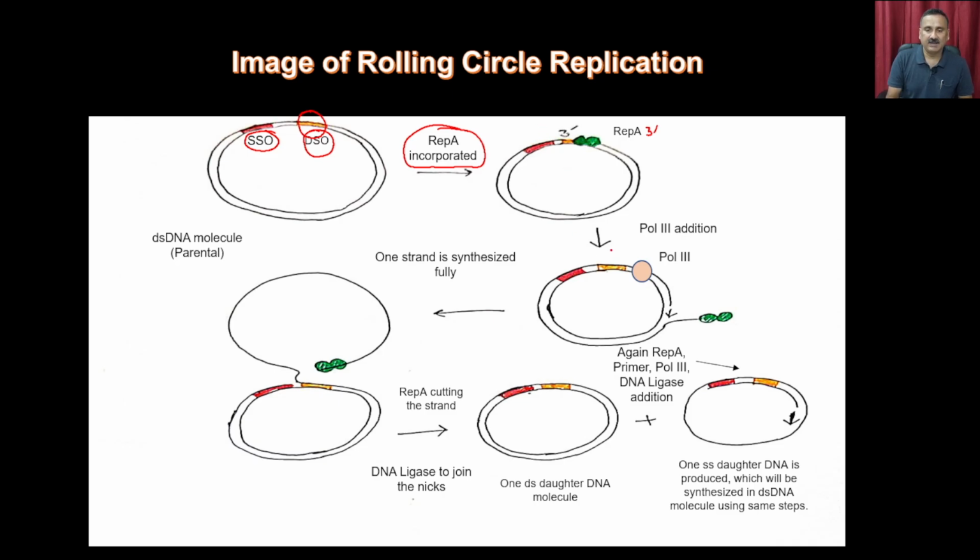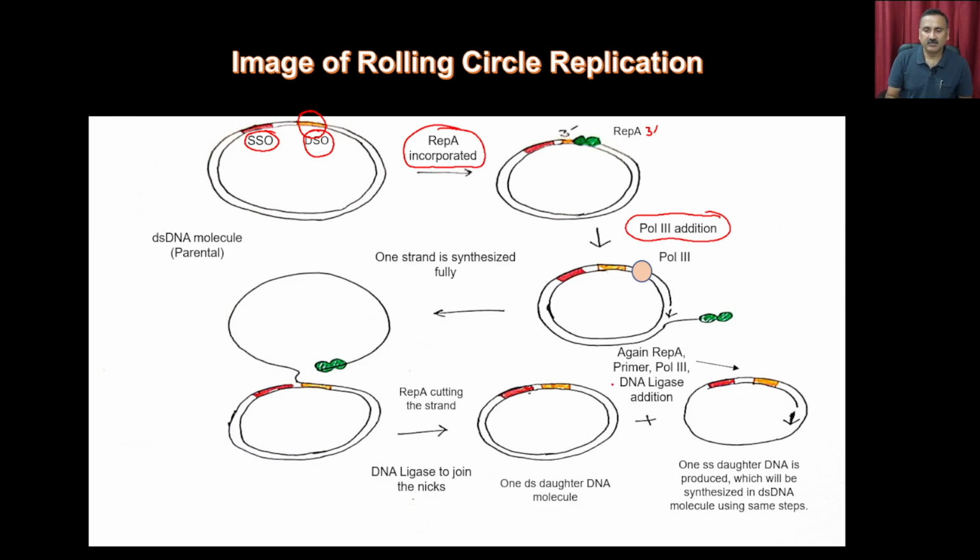On the free 3 prime end, pol 3 binds and utilizes this portion as a primer, and that is how it starts synthesizing the DNA and makes the same single stranded copy.